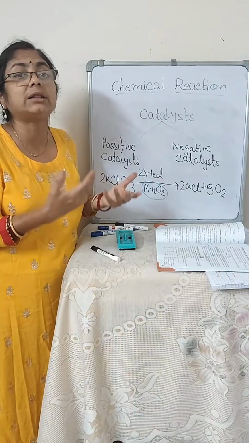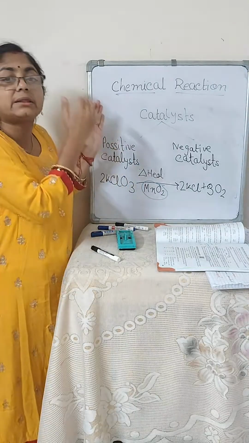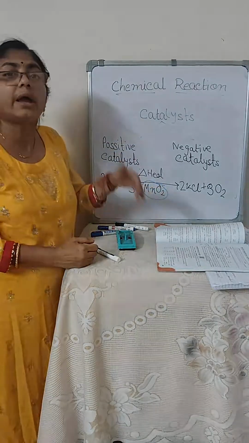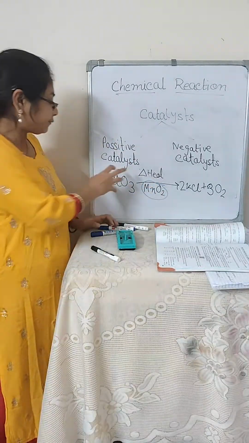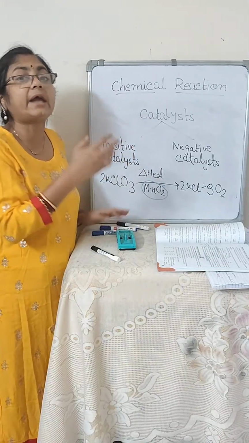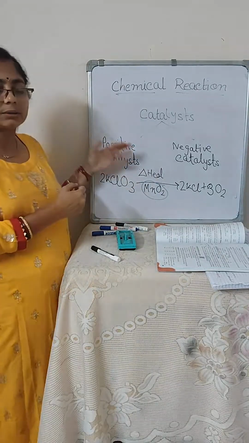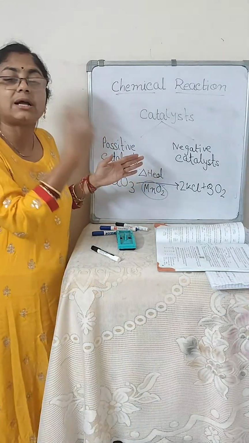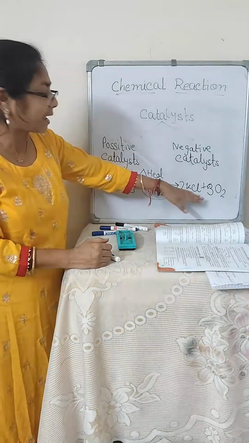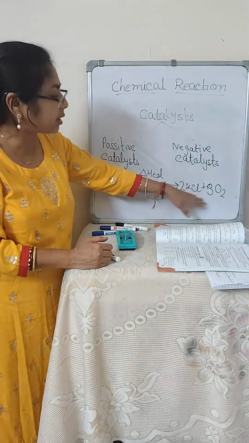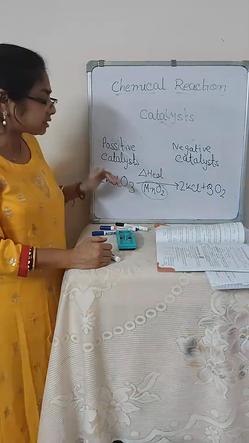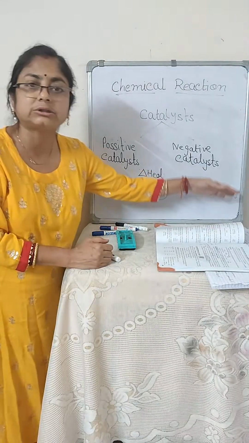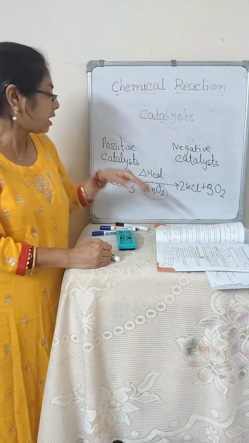How quickly it will decompose, how quickly it will break, MnO2 helps with that. If you take 4 parts of potassium chlorate and mix with 1 part of manganese oxide, then the speed increases and it breaks down faster: 2KCl, chloride, and oxygen are formed. Chlorate broke down into chloride and oxygen. Who helped in this?